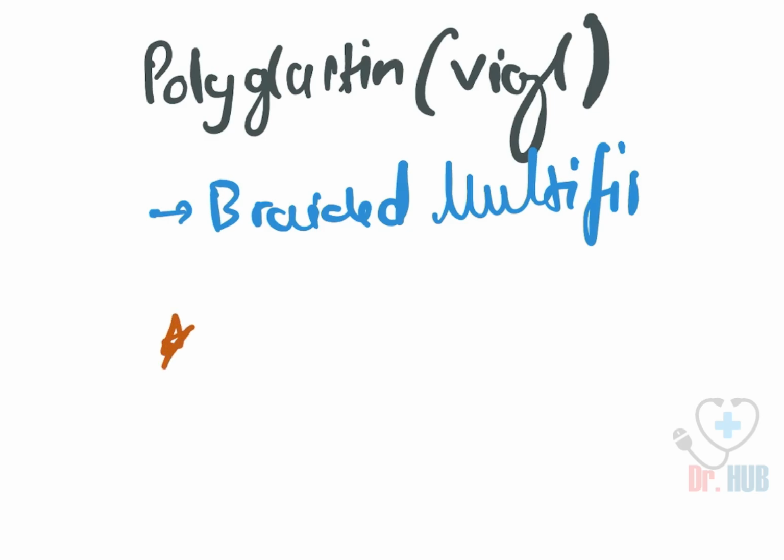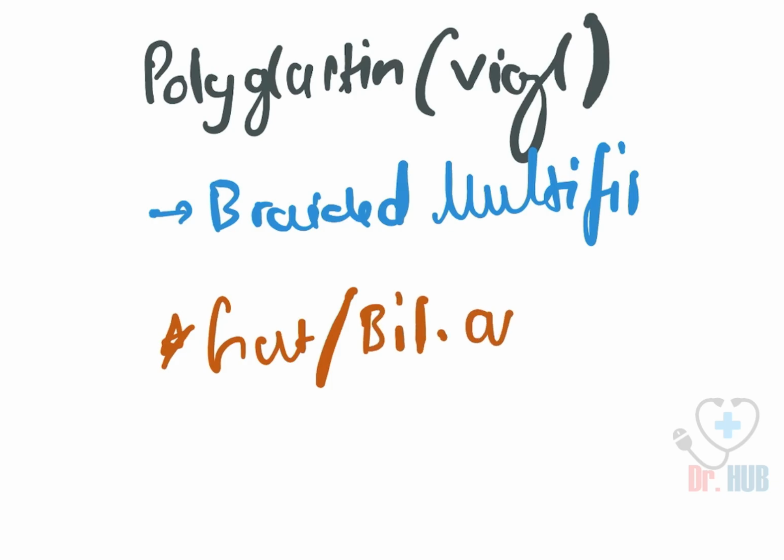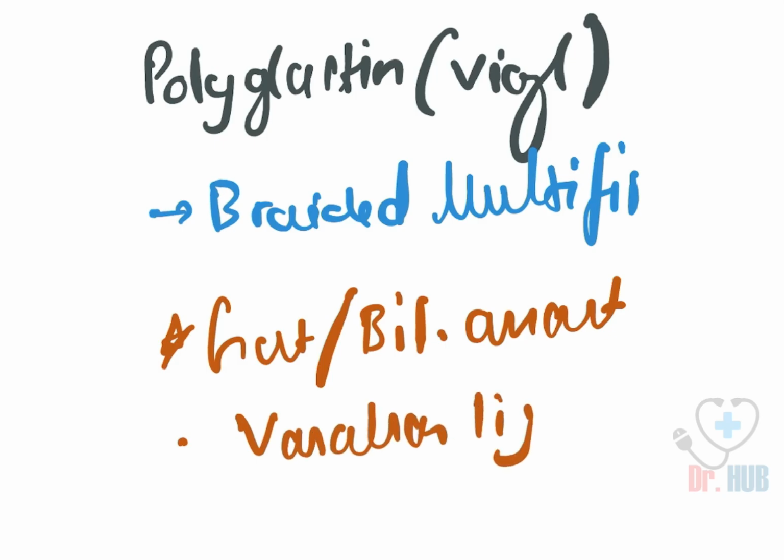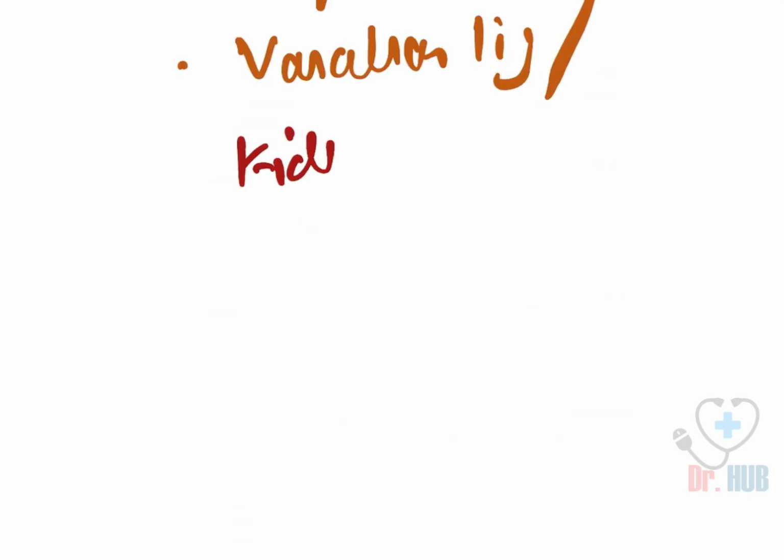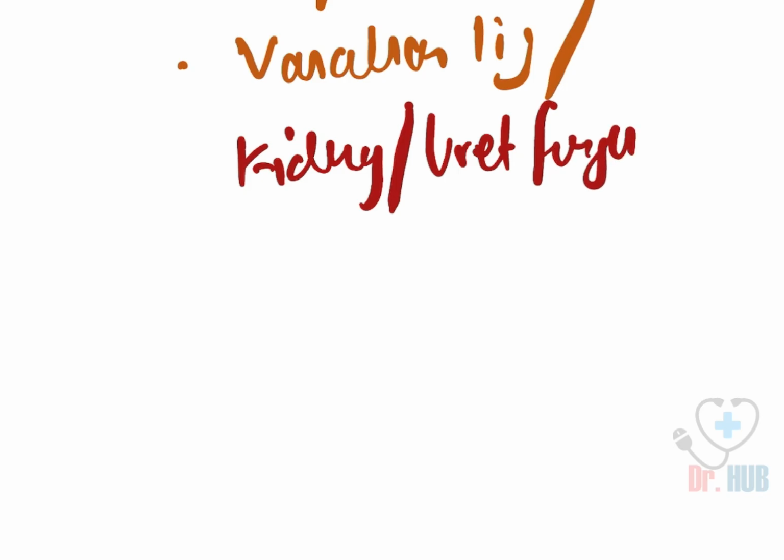It is used for the gut as well as biliary anastomosis, in vascular ligature, in the kidney and ureter surgeries, as well as the subcuticular wound.